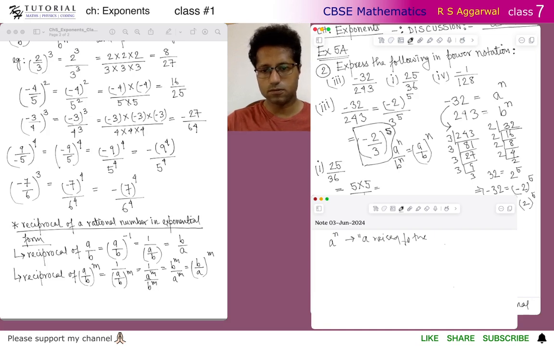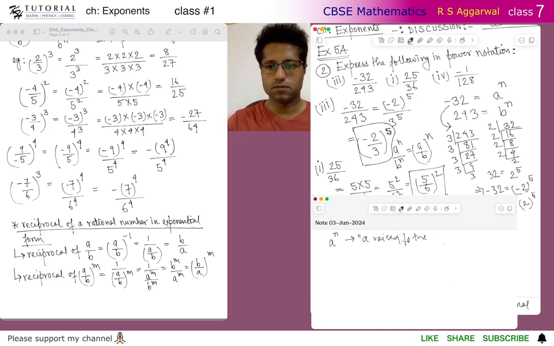So this is 5 squared divided by 6 squared, and we can write it as 5 by 6 raised to the power 2. So this is the exponential form, or power notation. That is 1. Now 4, what is 4? Minus 1 by 28.